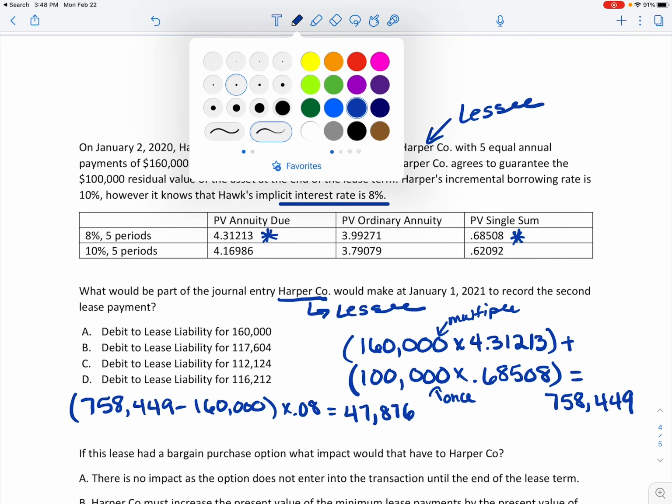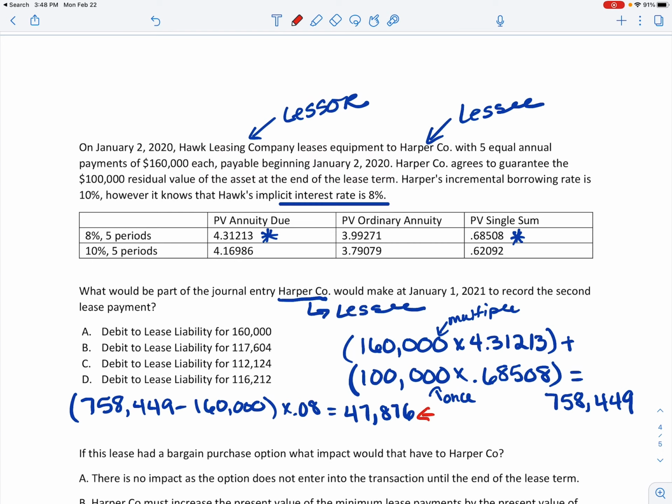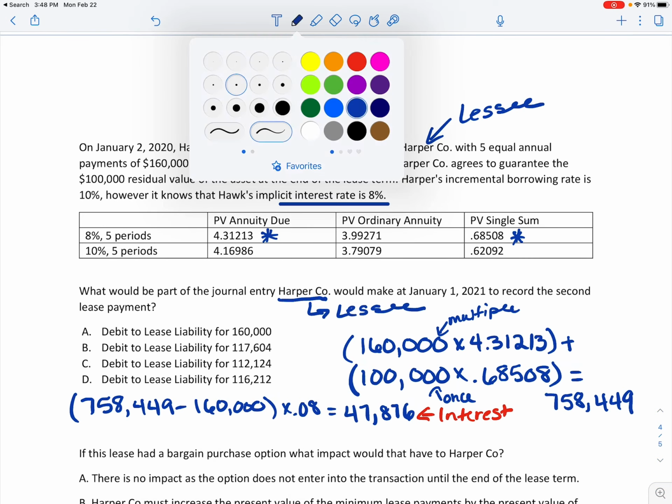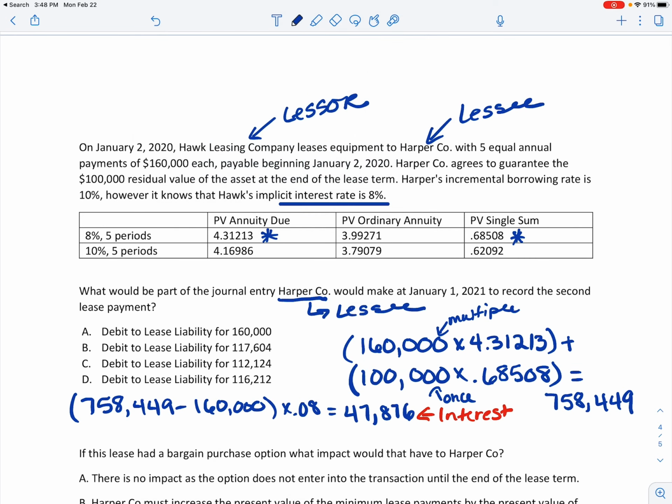This is my interest. That's not what they're asking for. They're asking for the liability. So I would take that $160,000 payment and subtract my interest to get my liability. That's the only one that has that number.